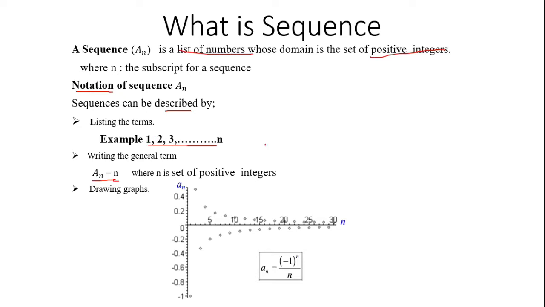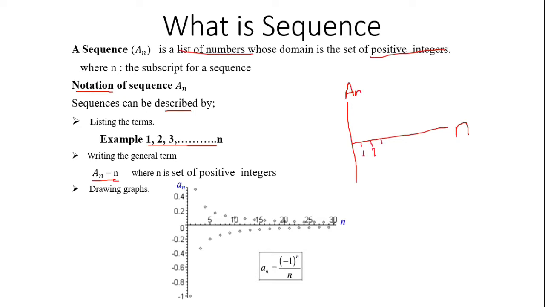If we use the horizontal axis as n, that means the domain of the sequence, and the vertical axis as the sequence an, then if I put 1 here, 1, 2, 3.